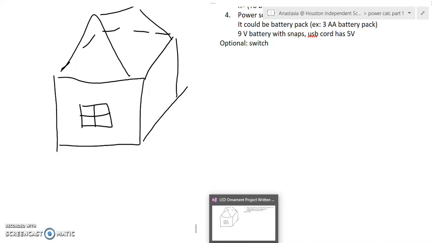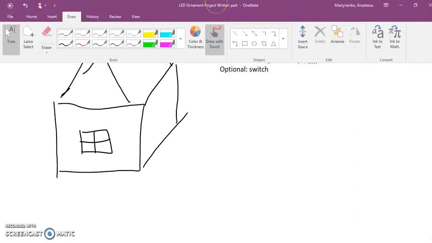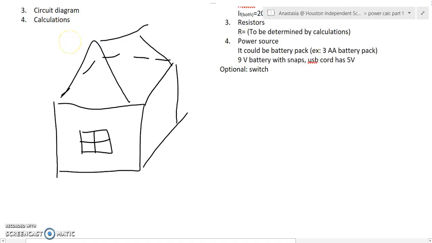Okay, in the previous video, I started talking to you about how your circuit diagram depends on your project. So I'm going to pretend that I have made this object over here in SolidWorks, this little house, and now I'm trying to figure out where my LED is going to go.